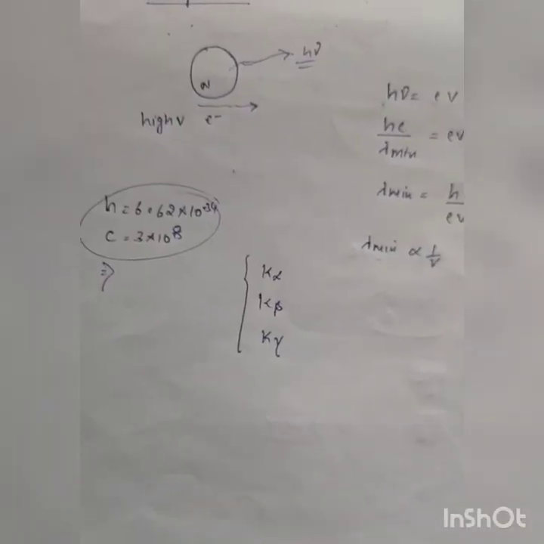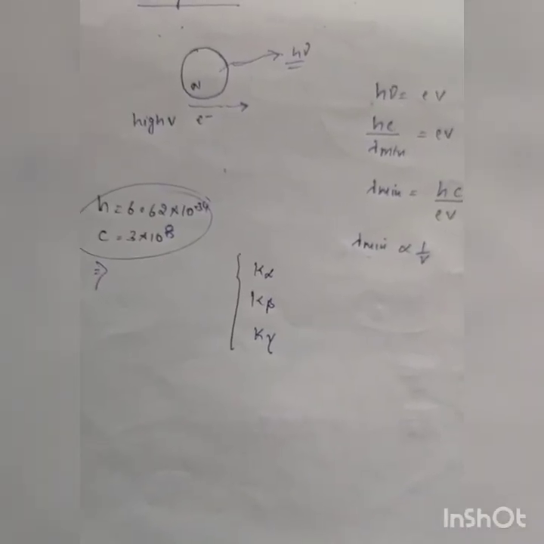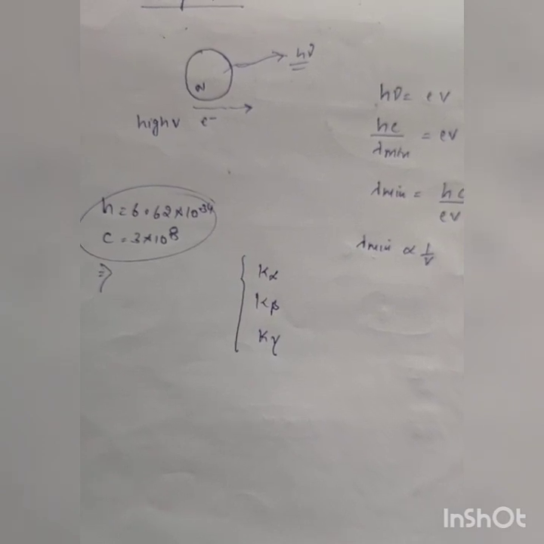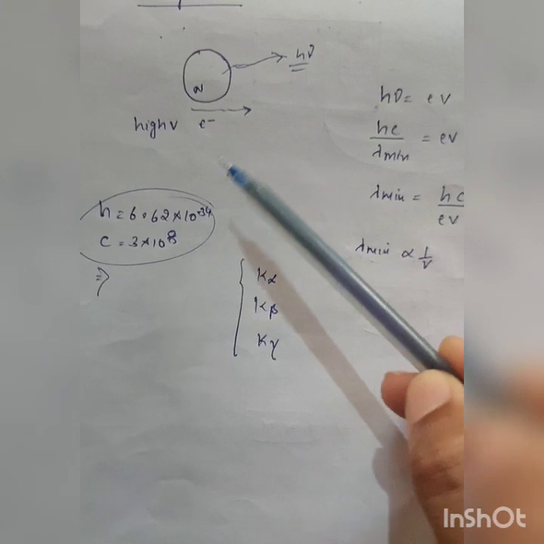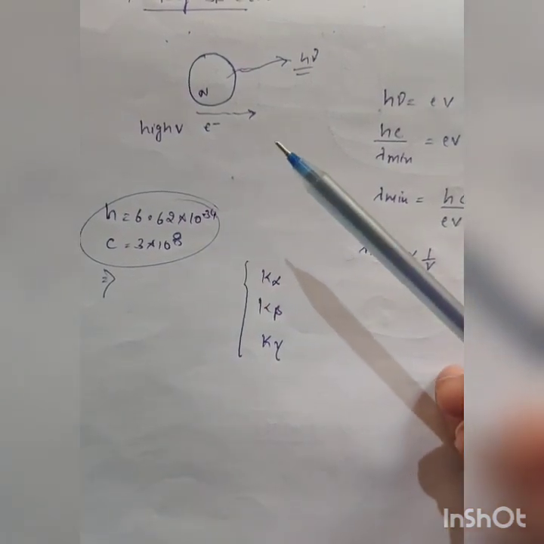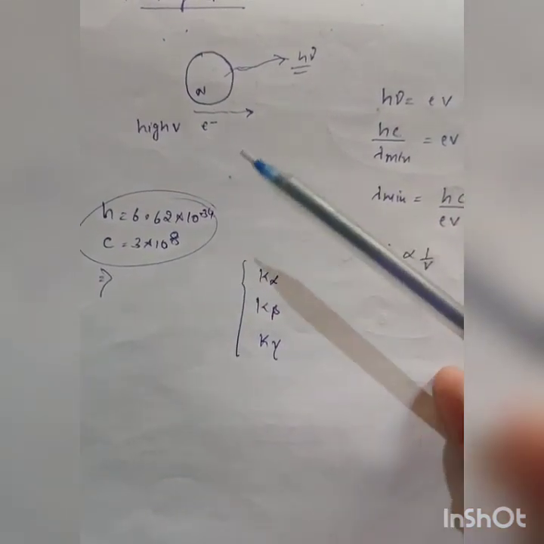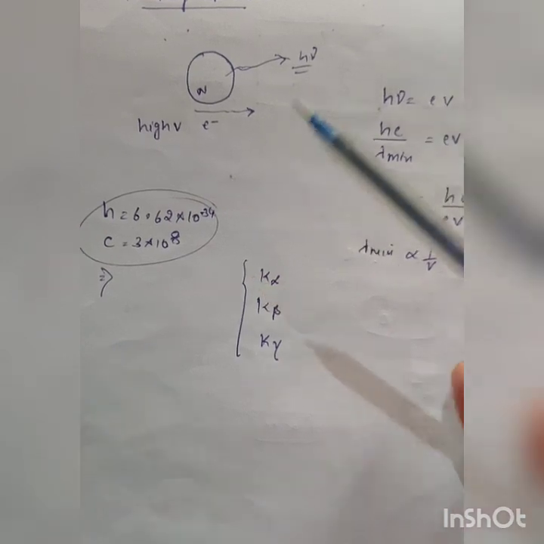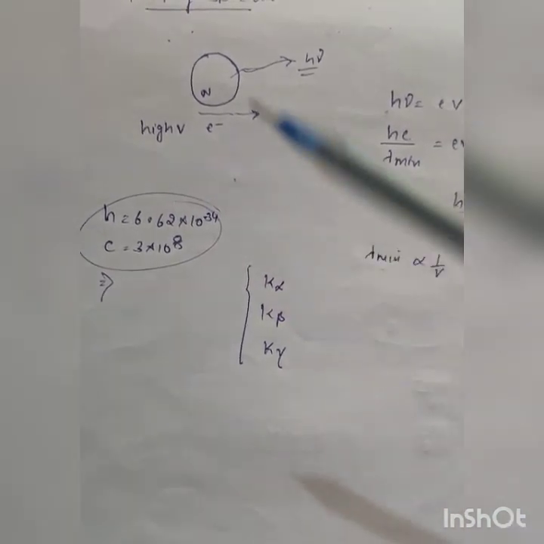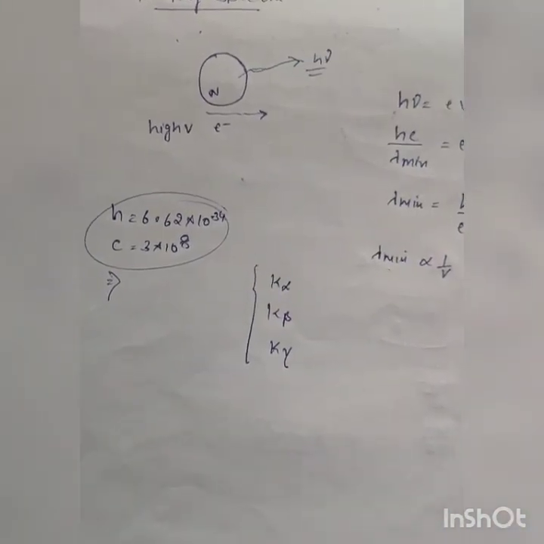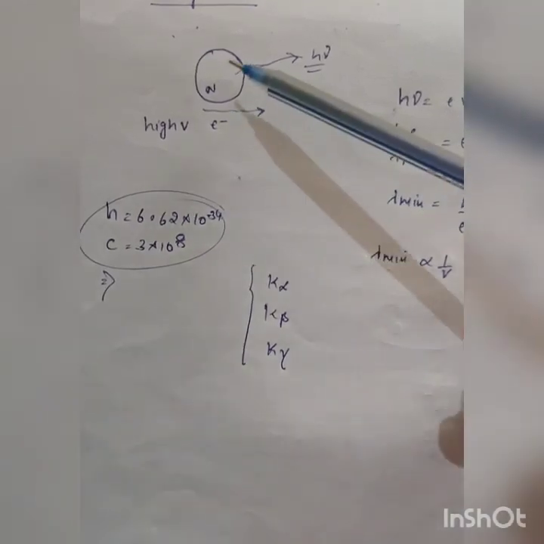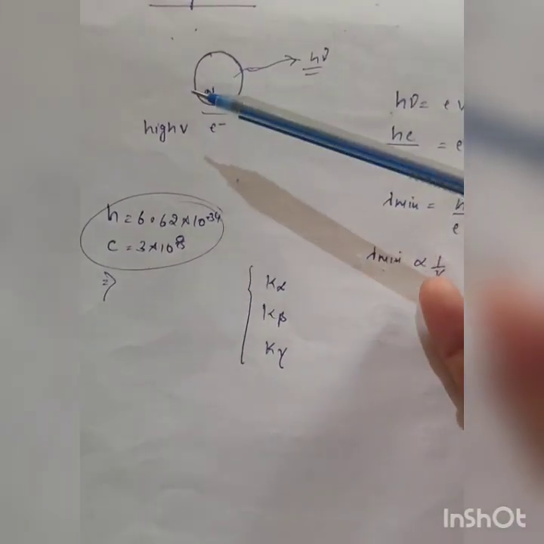Now we discuss how the X-ray is formed when a high velocity electron passes close to the nucleus of the atom. It suddenly slows down due to the attractive force of the nucleus, as the nucleus consists of protons which contain positive charge.